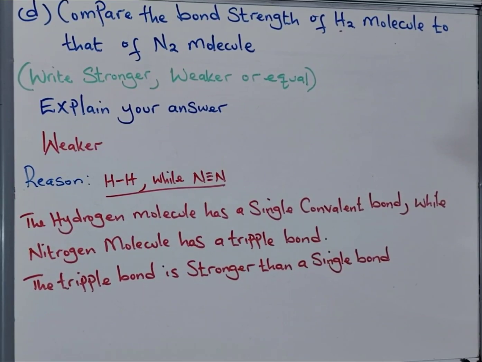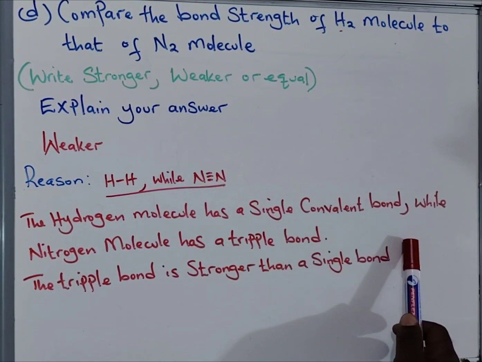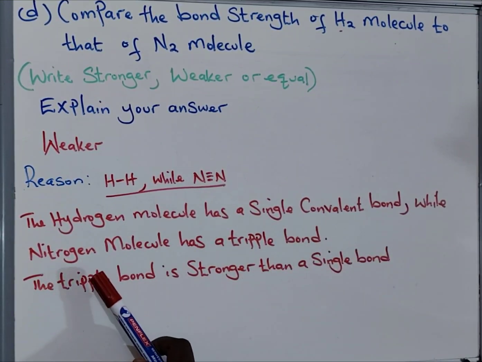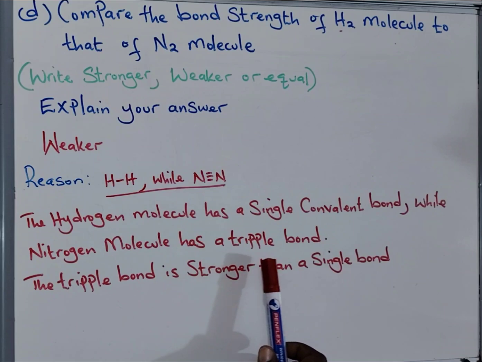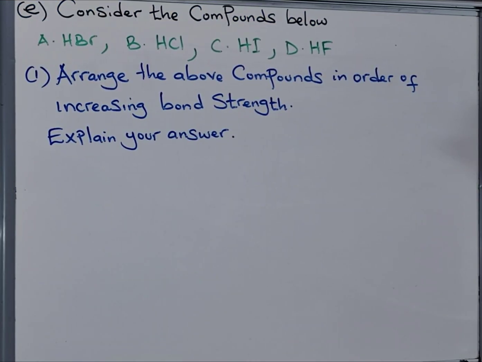So that is it. The hydrogen molecule has a single covalent bond, while nitrogen molecule has a triple bond. The triple bond is stronger than a single bond.